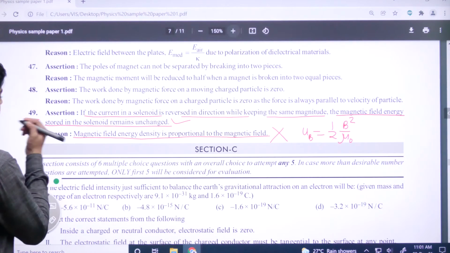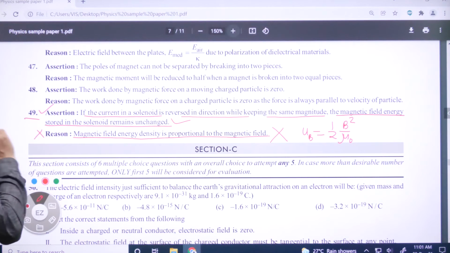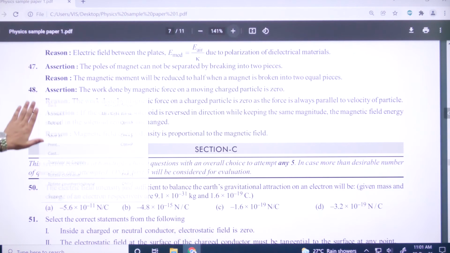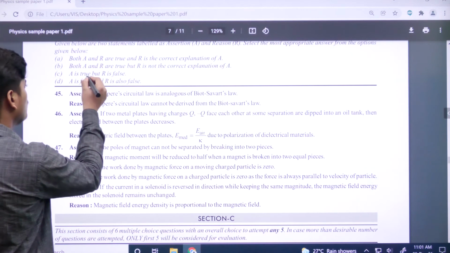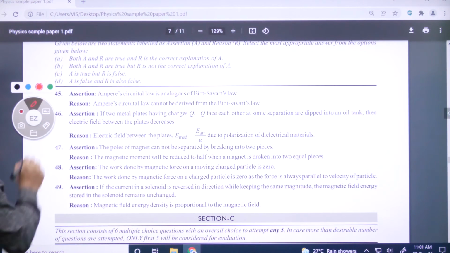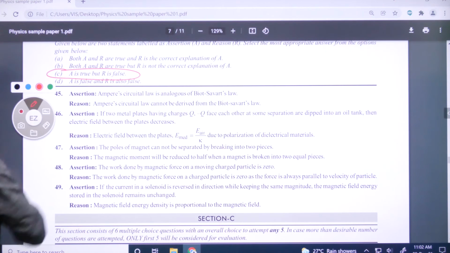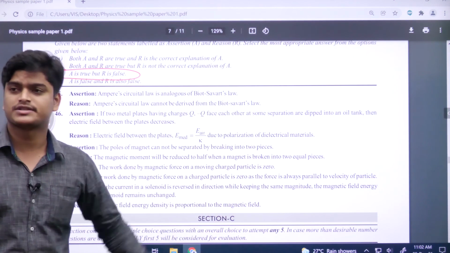So this statement is not correct. This is true but this is false. So for question 49, your answer will be A is true but R is false, so option C. So this statement is correct and this statement is false.